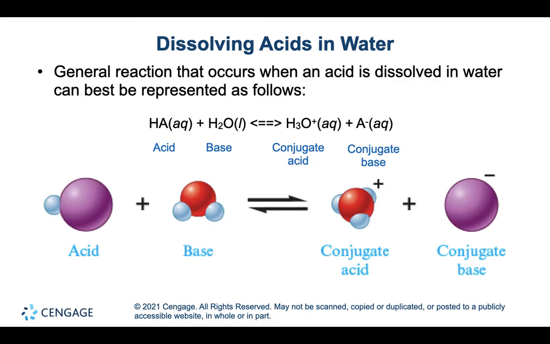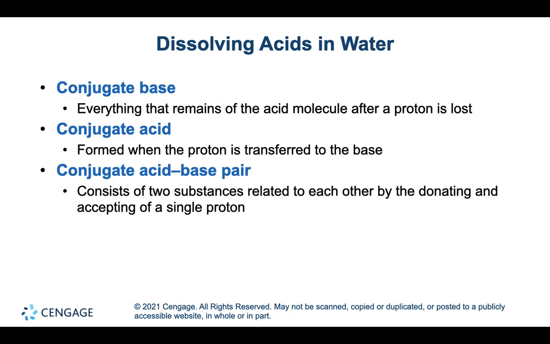They're similar formulas. The only difference is one of the two has H plus and the other does not have H plus attached to it. And so those two together are called a conjugate acid-base pair. So we're focusing here on the Bronsted-Lowry definition, and the Bronsted-Lowry definition looks at protons donating and accepting.